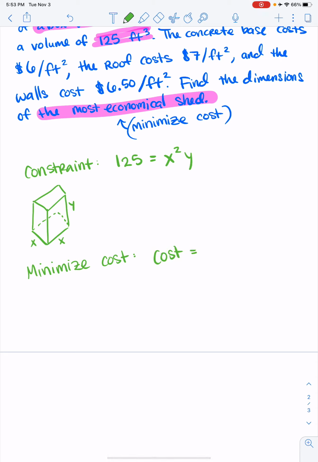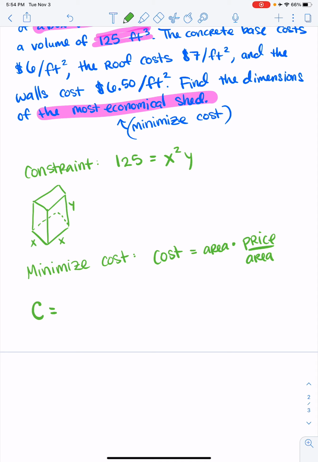Cost equals area times price per area. So I'll just call it C. You can call it whatever you want. It doesn't really matter because we're going to take a derivative, set it equal to 0, and solve for the x or y value that makes the minimum.